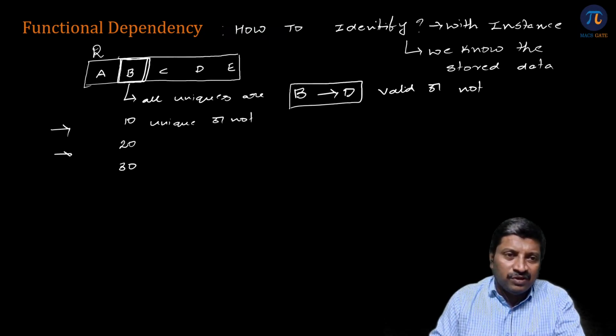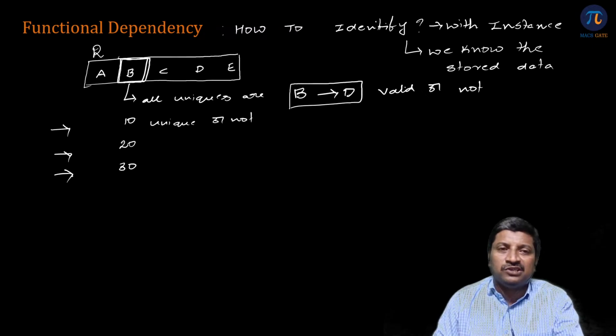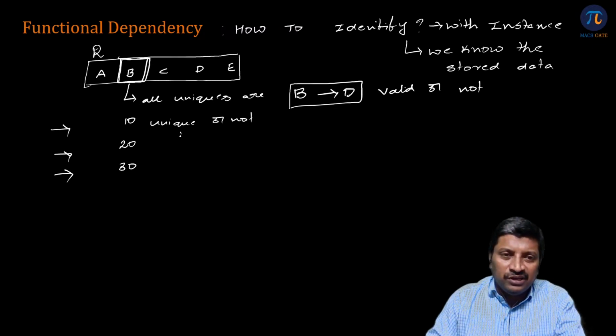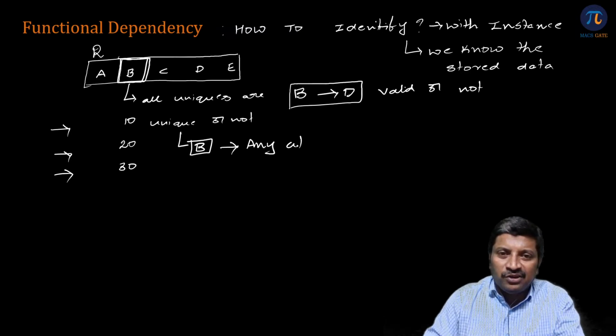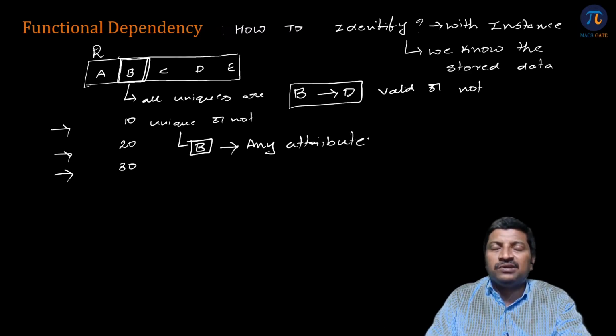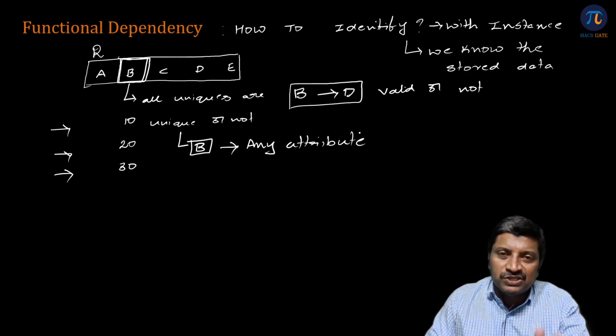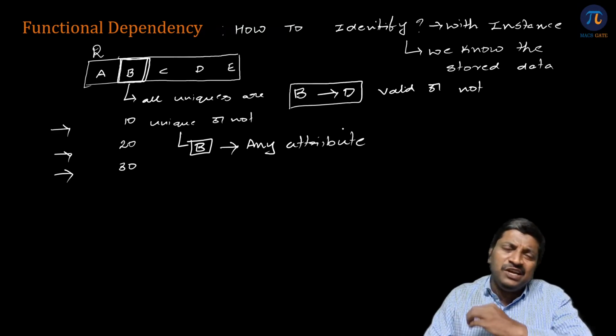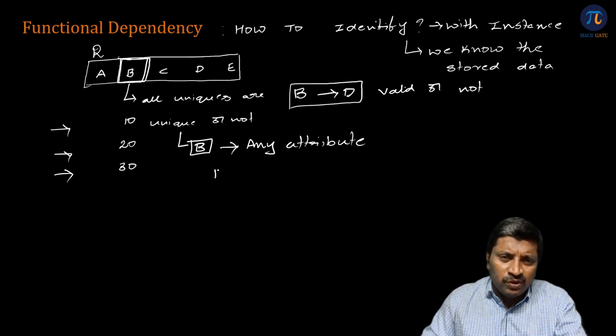When all the values are unique, then B implies any attribute. When the particular column doesn't have any duplicates, then B implies any one of the other attributes. So I can say B implies D is valid.